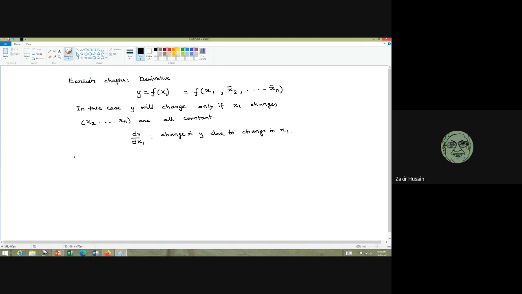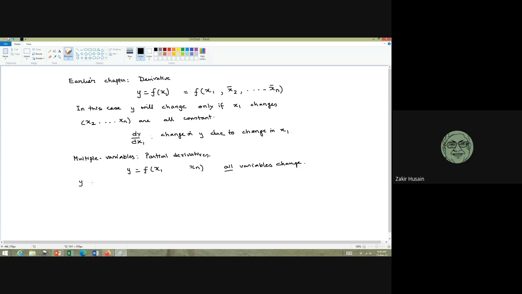Okay. Now, when you have a function with multiple variables, then we have to find out partial derivatives. In this case, all variables can change.